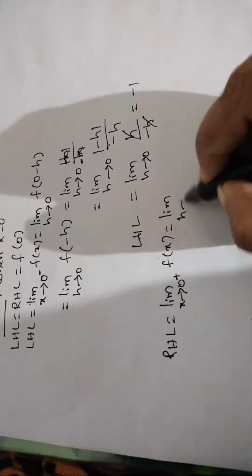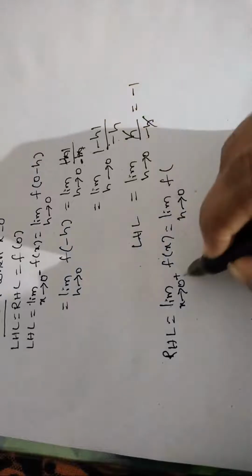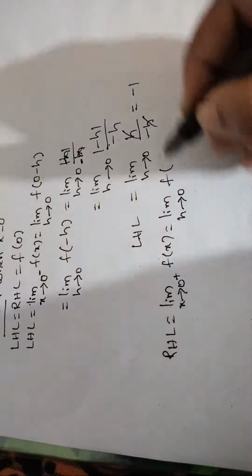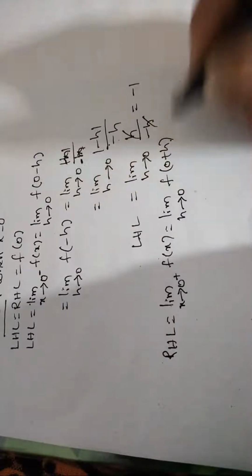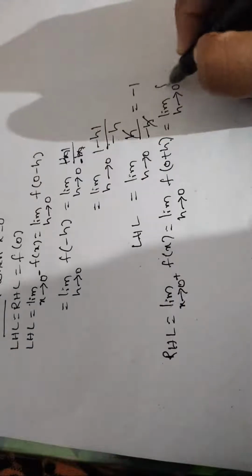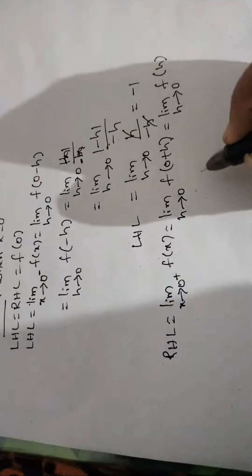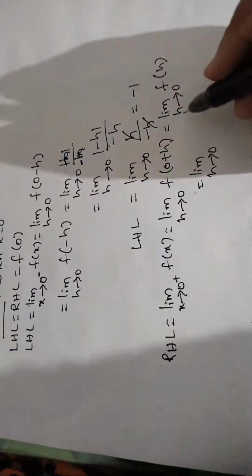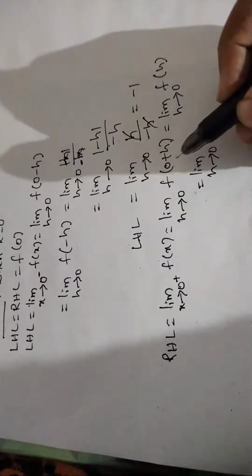Now I will start from 0: limit h tends to 0 of f of 0 plus h, that is f of h. 0 plus means the function is more than 0.